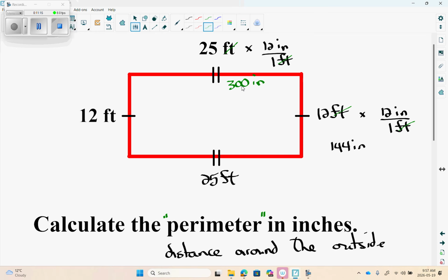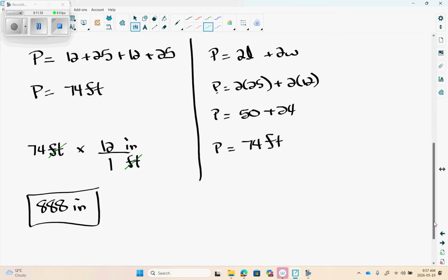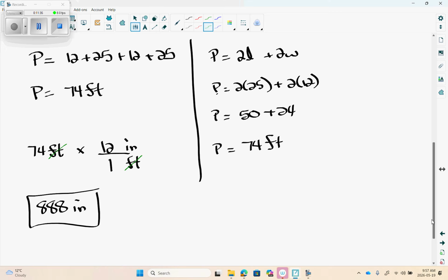And if you go 300 and 300 here, that's 600. And then 144 and 144 over here, that's 288. What's 600 plus 288? 888 inches. Okay? So you can convert first if you like.